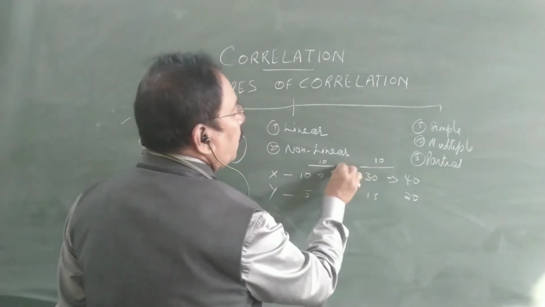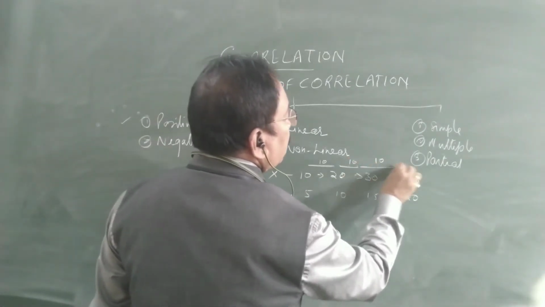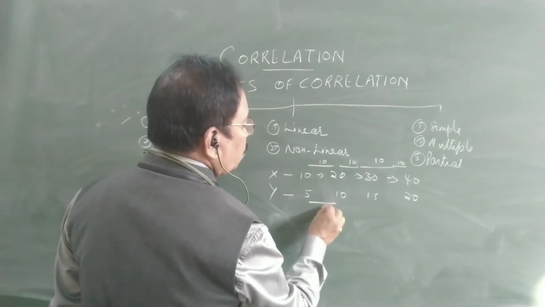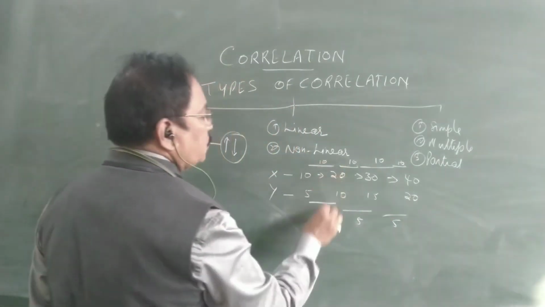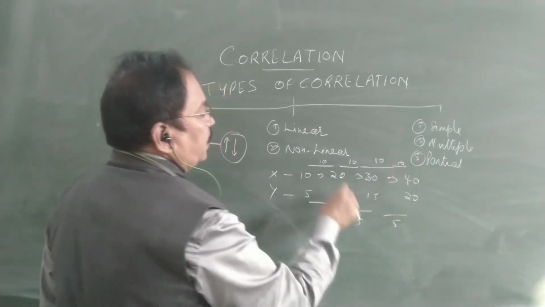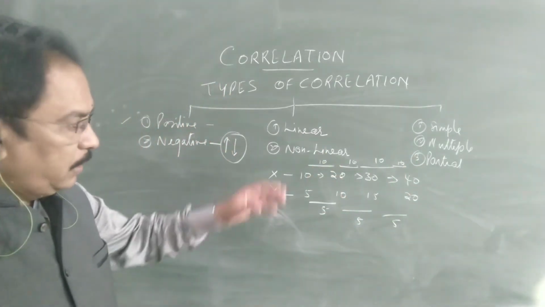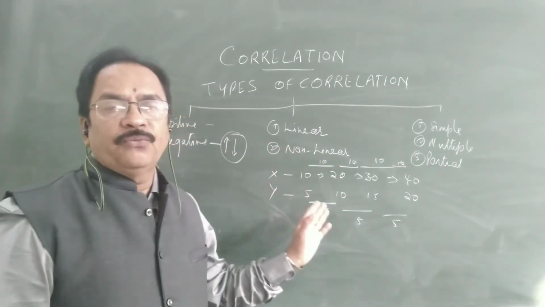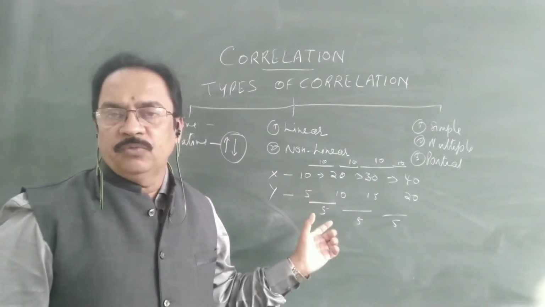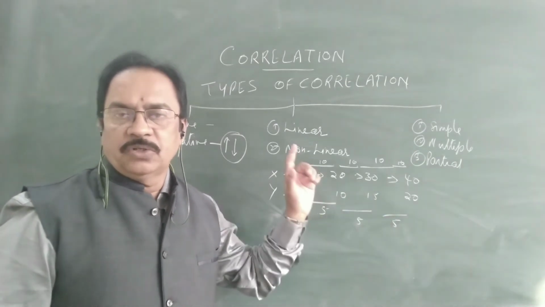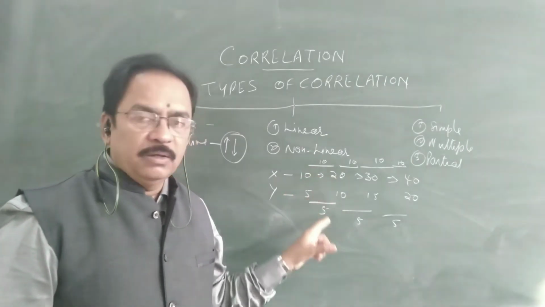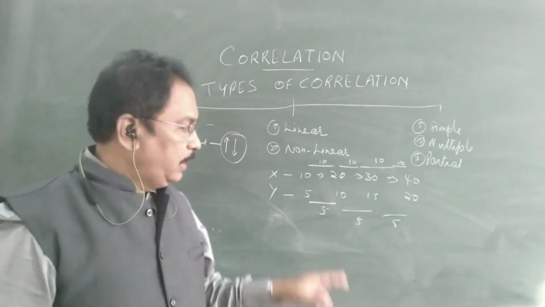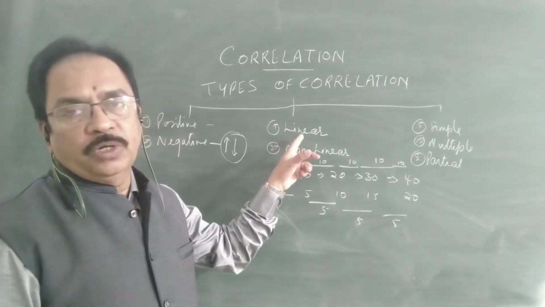In y the change is 5, 5, 5. So this is constant. If one variable is increasing by 10, the other variable is increasing by 5. The change in both variables is constant. So a change in one variable is leading to a constant change in the other variable. Then this is called linear correlation.